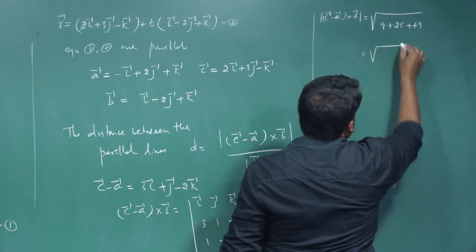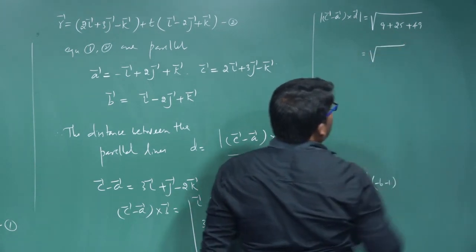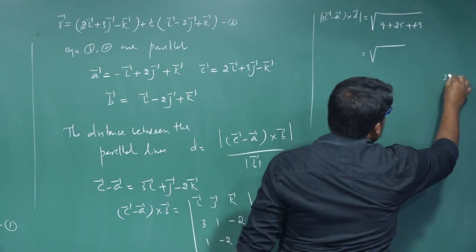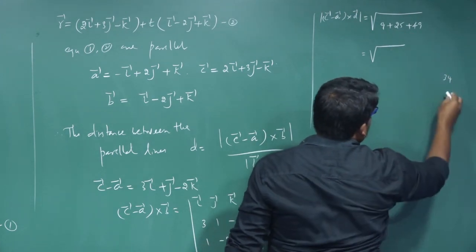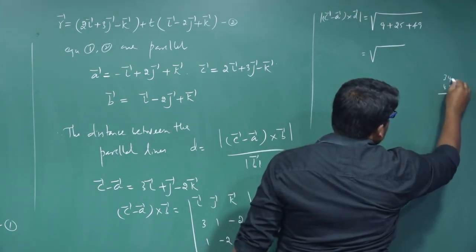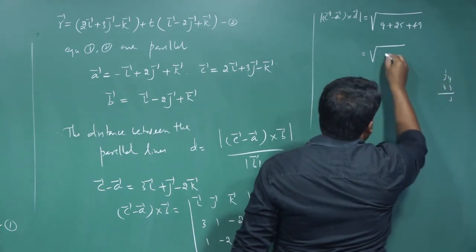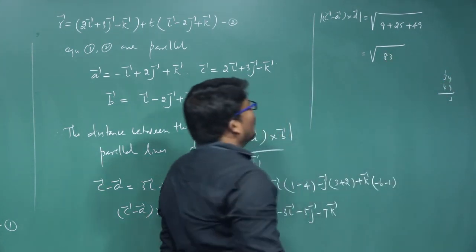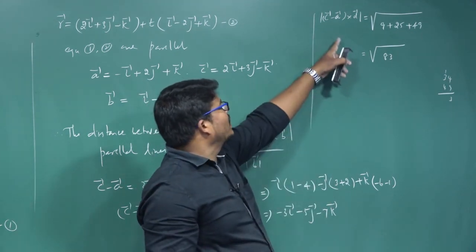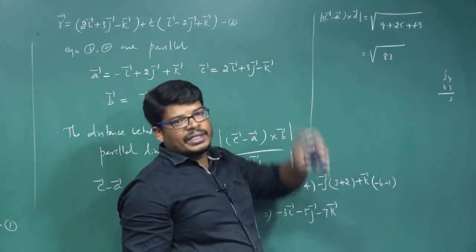Equal to root of 25 plus 9, 34, plus 49, which is 83. Modulus of C vector minus A vector cross B vector equal to root of 83.